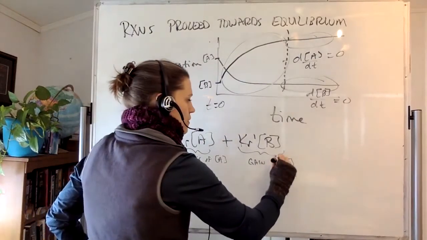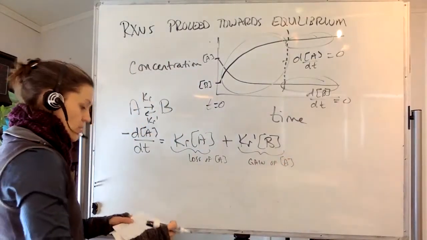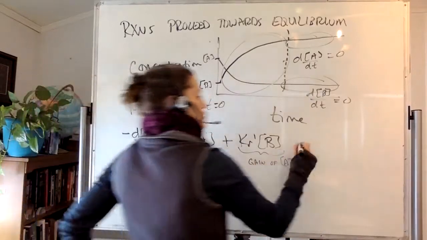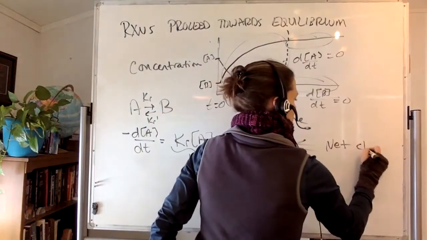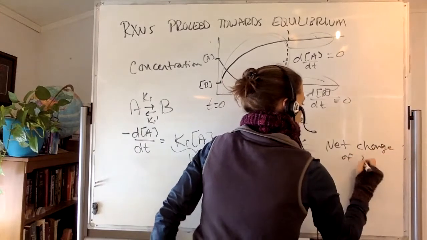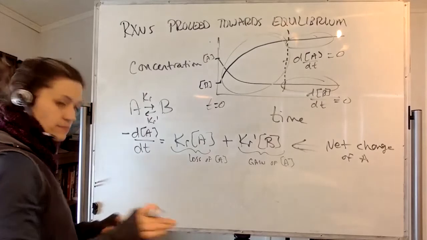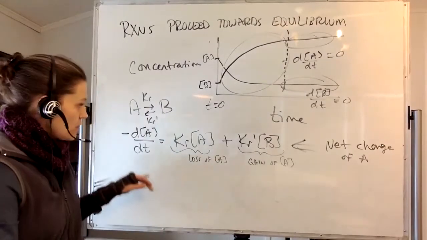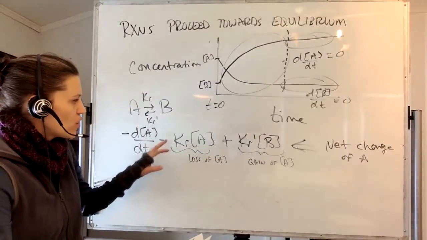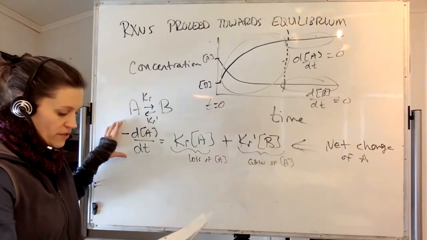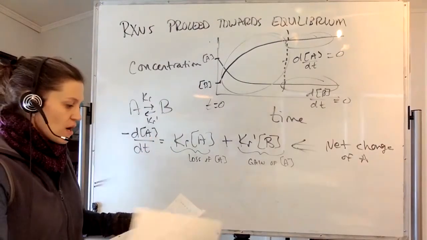Okay? All right. So this whole thing is the net change of A. Such that now we have to take into account, well, how do we quantify what this function would be in terms of A?